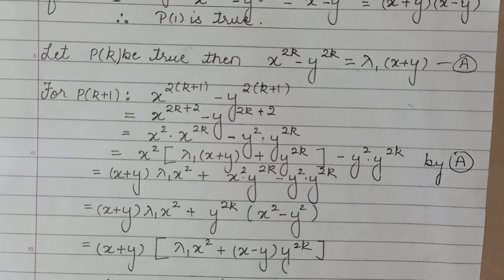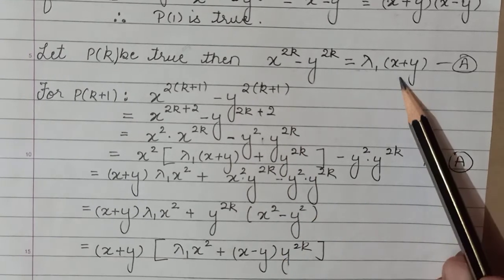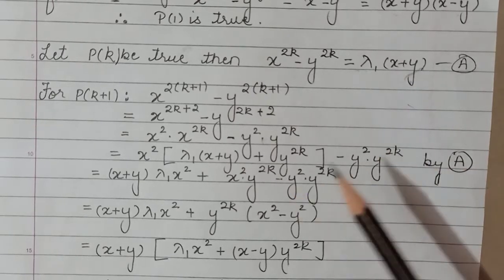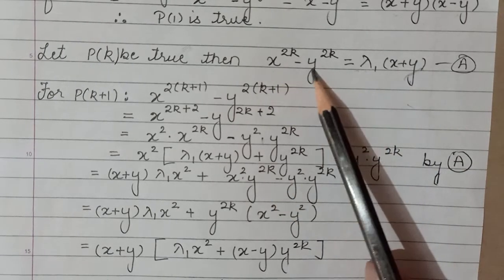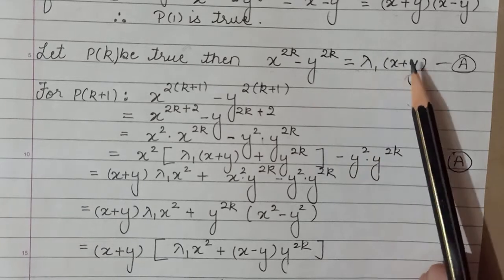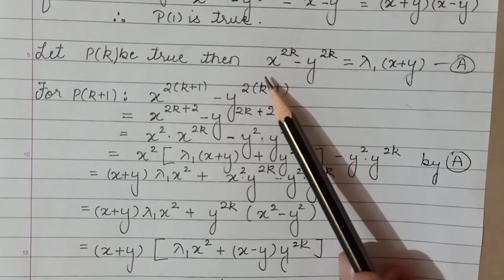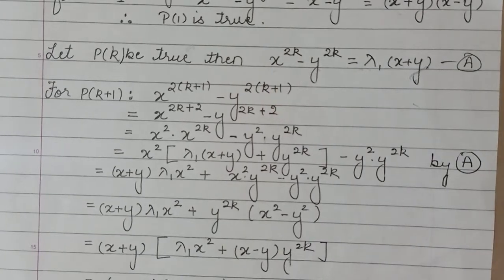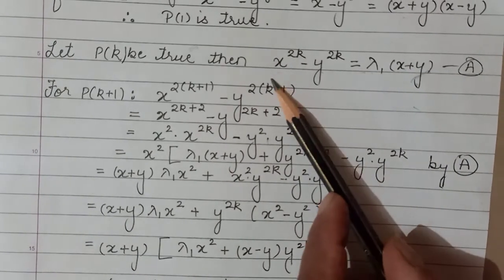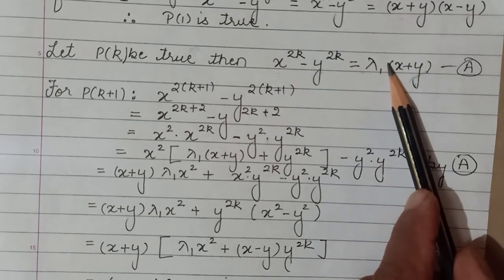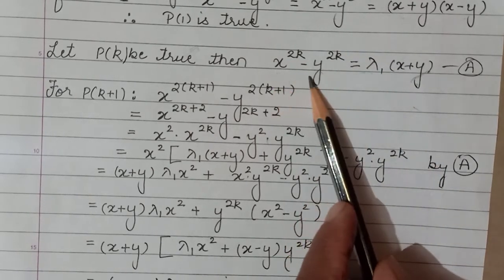Now what we are doing is replacement, we have to do it here also. Whatever we had assumed true, with that we have to do the replacement. So there are two ways of doing it again. Either you make this whole expression as it is and then replace, substitute, or maybe change the form here. What I have done here is I am trying to replace x to the power of 2k taking this y to the other side, because that would be easier rather than matching up with this.